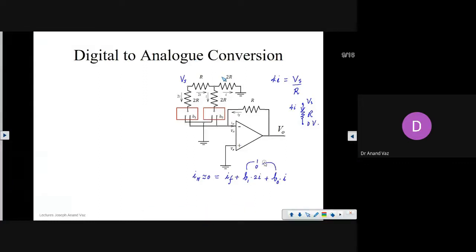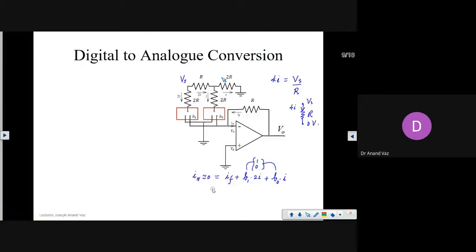It can take any of these two values, just like either on or off. So here what we obtain is that if we use a register of 2 bits, that means just 2 switches, we can get further levels of output voltage.